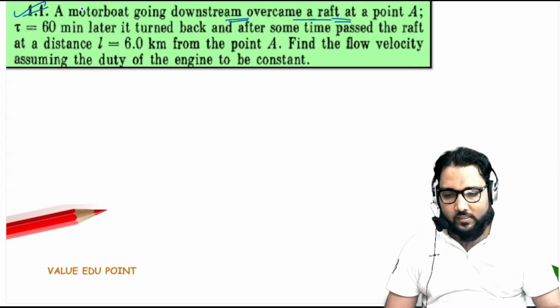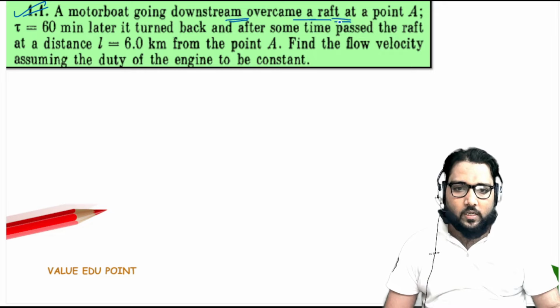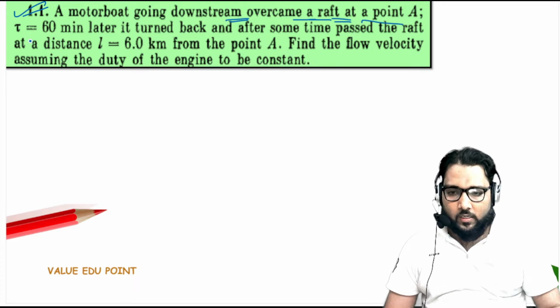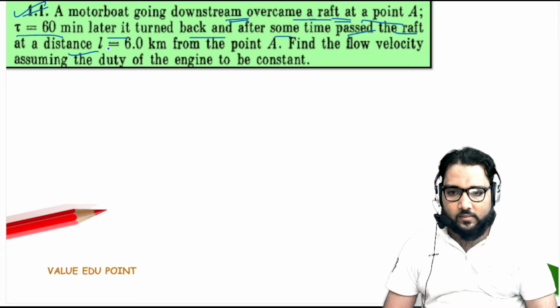So we are starting the first part, kinematics, and this is the first question. A motorboat going downstream overcomes a raft at a point A. After 60 minutes, it turns back and after some time passes the raft at a distance of 6 meters from point A. Find the flow velocity, assuming the duty of the engine to be constant.